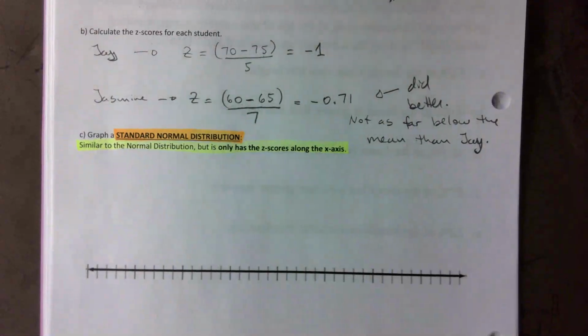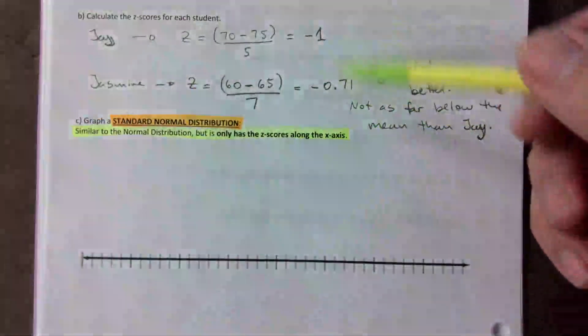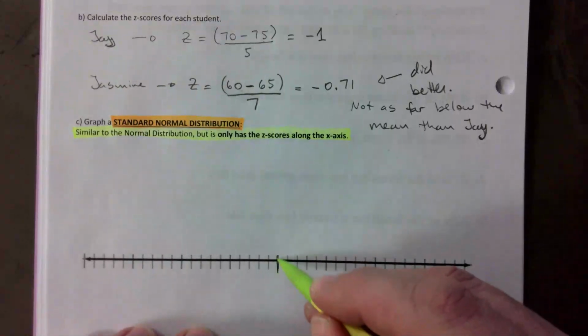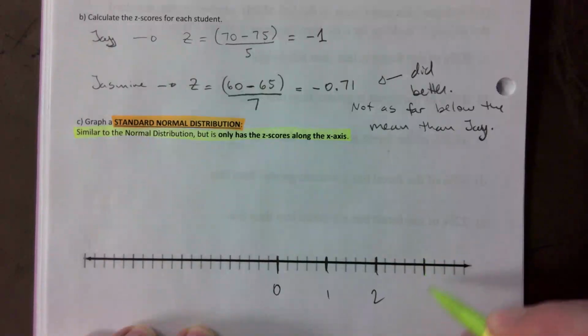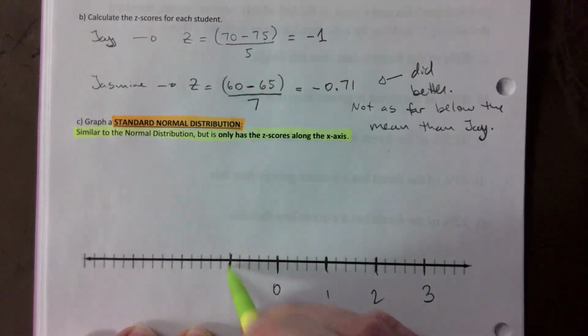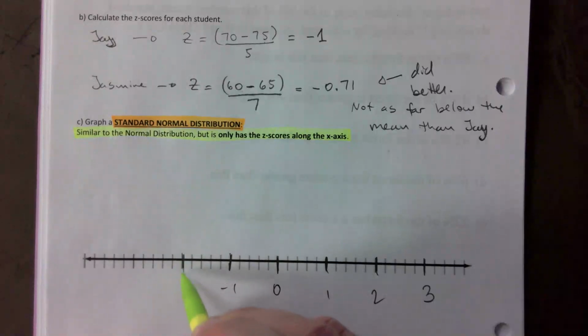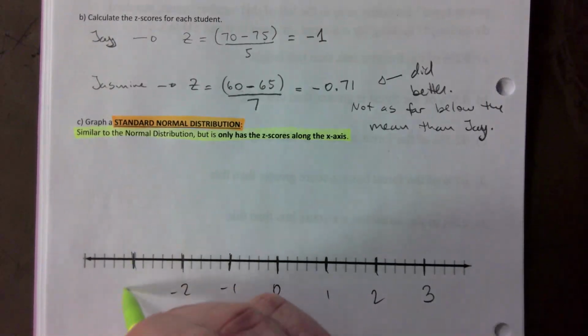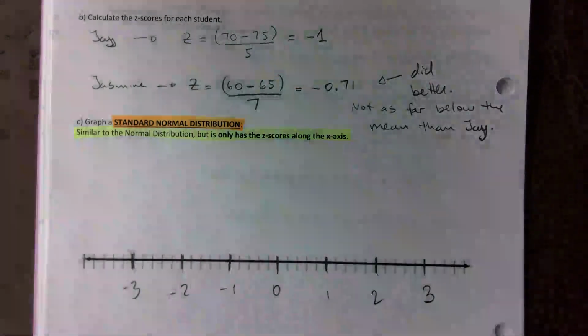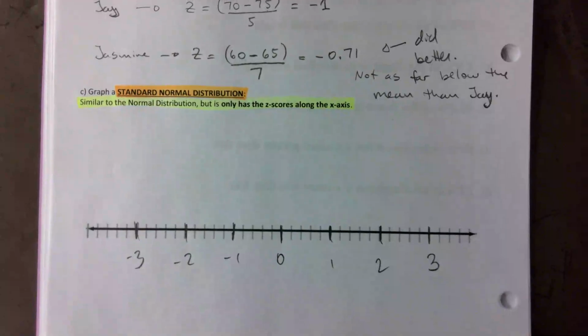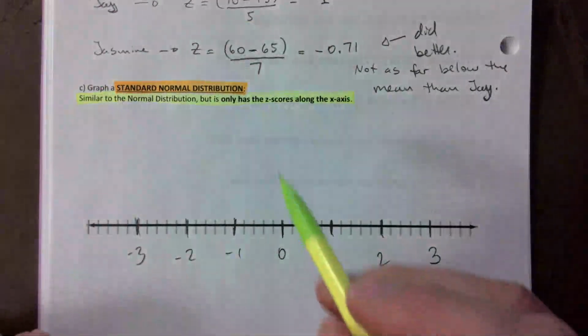We could have stopped there because I think you got it when we did the z-scores. But one more time, this is 0, 1, 2, 3, -1, -2, -3. And remember, there could be more than 3 to either side, but we usually stop there because most data is going to be within.